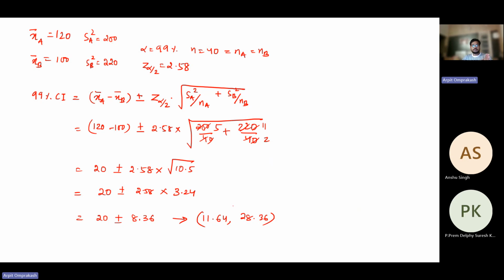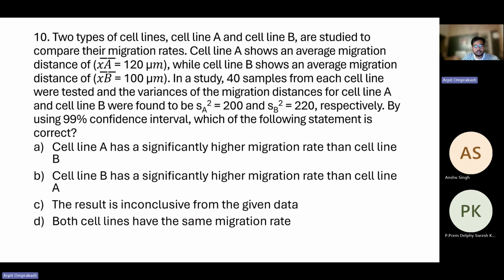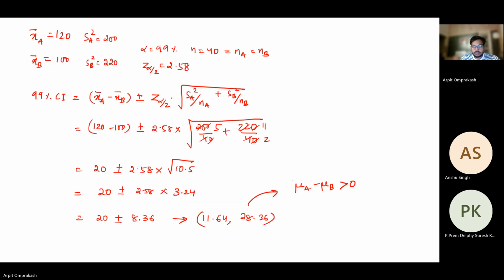That means the mean of cell line A minus the mean of cell line B is always positive. So mu A minus mu B is greater than 0 always.